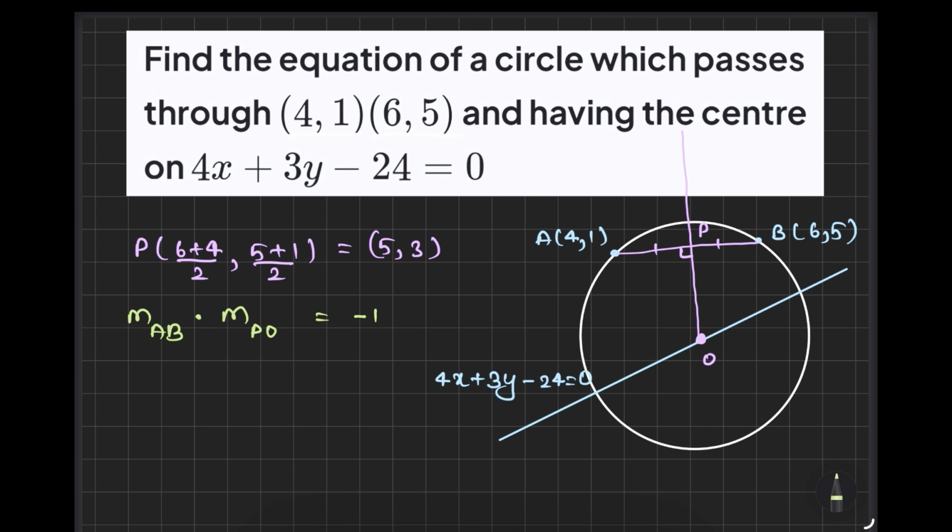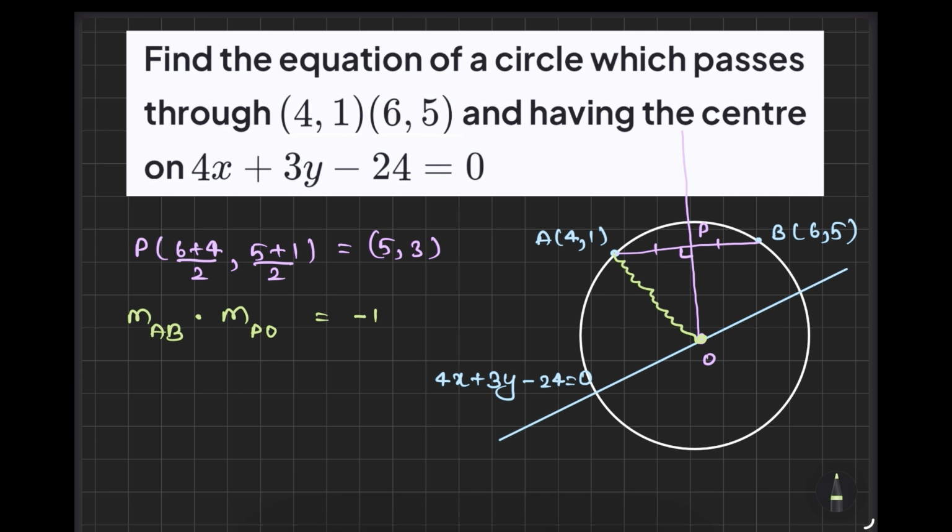Right now we are interested in finding the equation of line PO, and I will solve the equation of line PO with the blue line so that we can find the center. If we get the center, we will find this distance, which is the radius, and with center and radius we can directly write the equation of the circle. Okay, so let's do it.